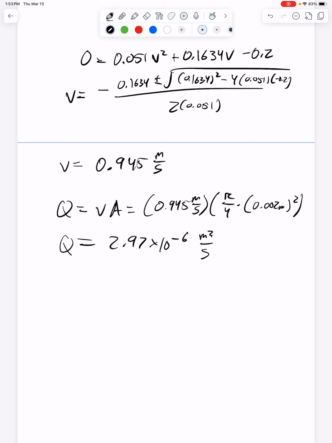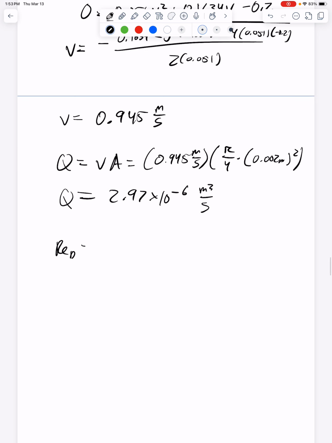Last thing, we made a laminar assumption. Let's double check. I'm going to write these terms down.